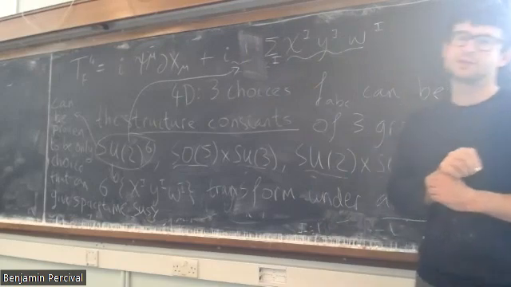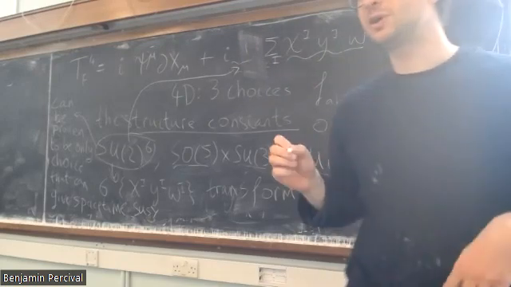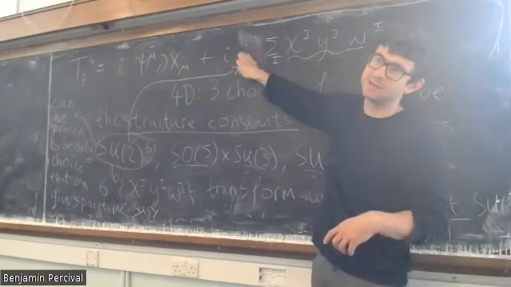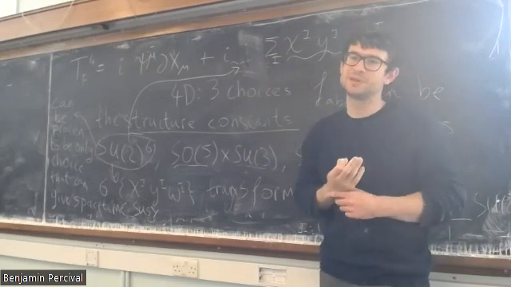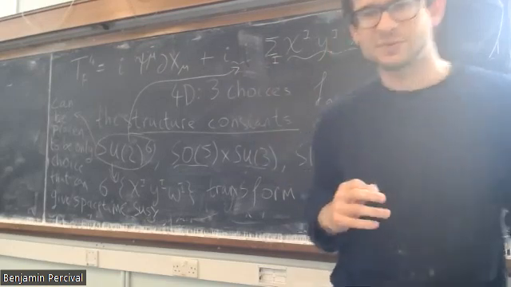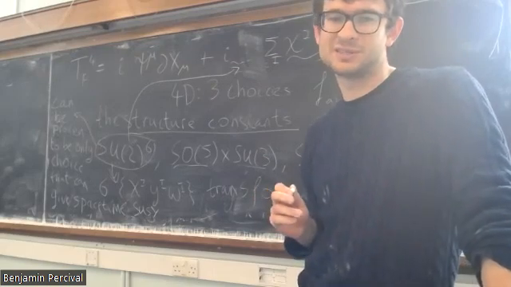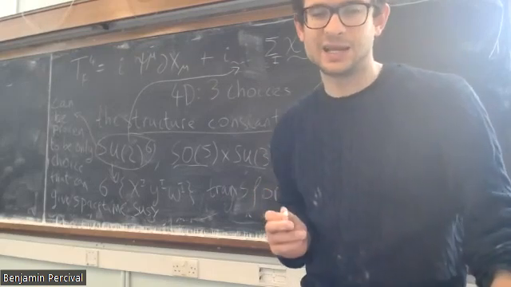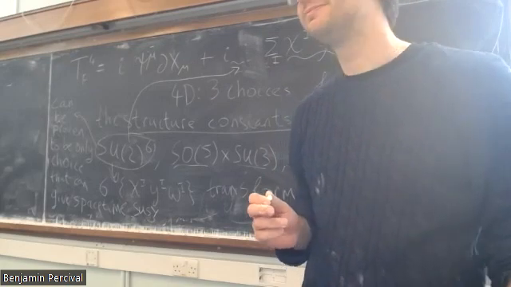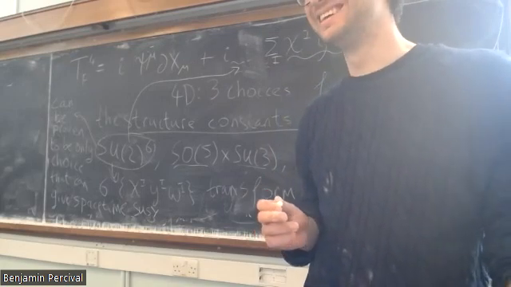Okay. So that's why I wrote the supercurrent without this detail about the structure constants before. I could have just skipped that detail, but I wanted to include it because it's technically important, but practically not important.